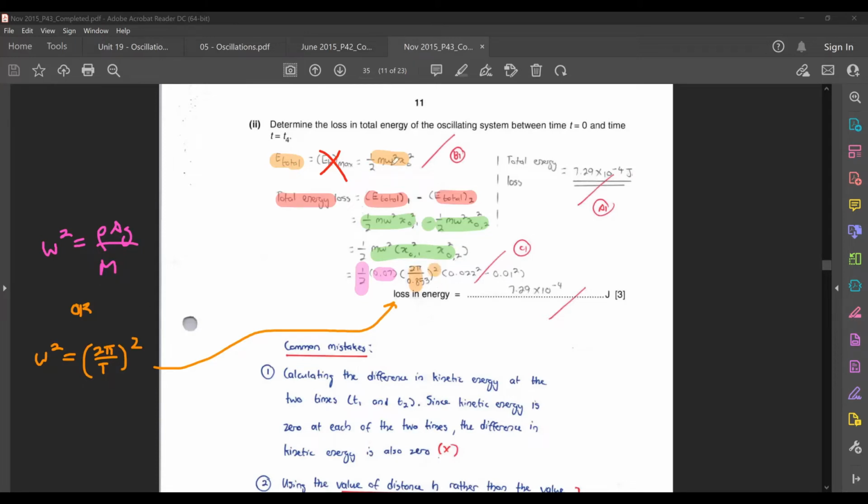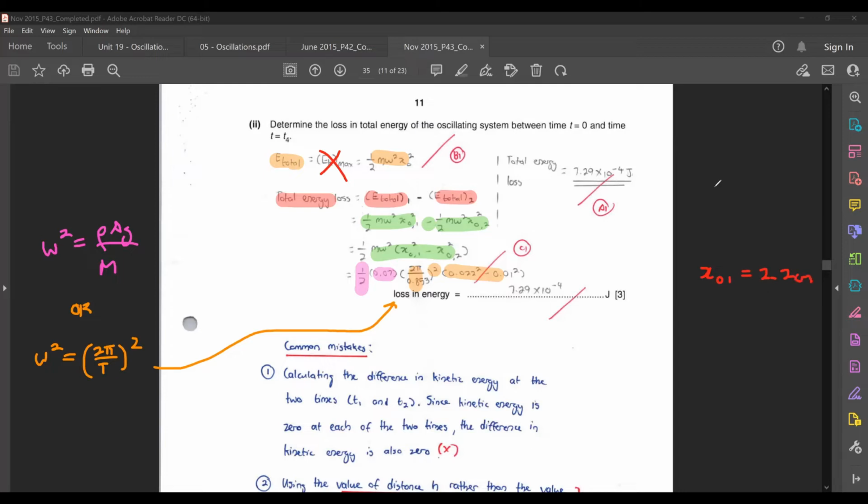Then from there, all you need to do is find out your amplitude, square, and take the difference. So amplitude x naught 1, the comma there makes the thing look very ugly. I can probably just say x naught 1 here is actually 2.2 centimeter.